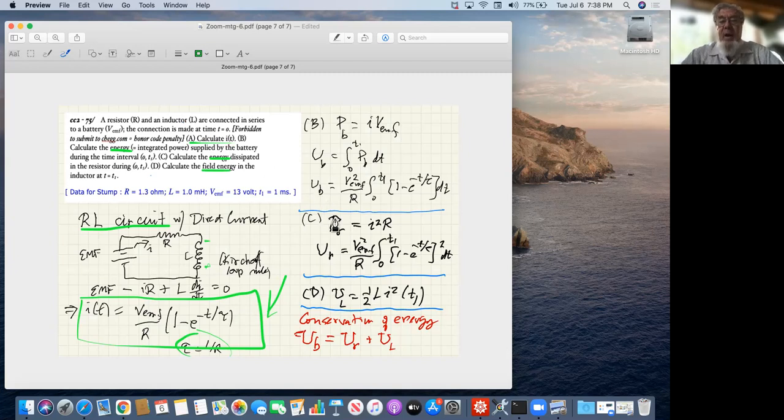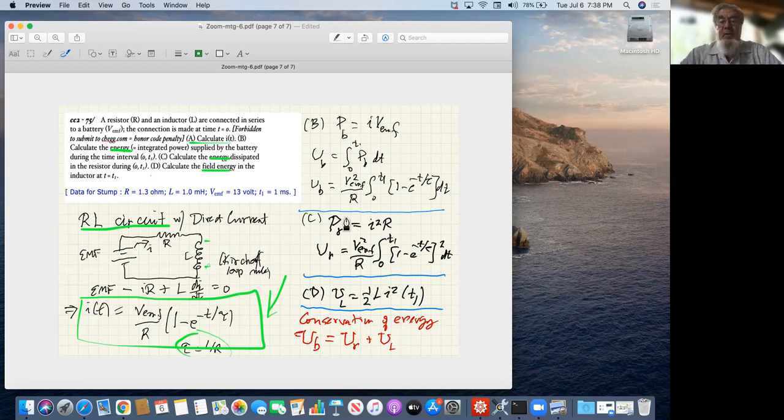And part C is to calculate how much of that energy is dissipated in the resistor in the form of heat. And you have to remember, the power in a resistor is I squared R. That power is lost to the circuit. It's lost in the form of heat. The resistor gets hot.